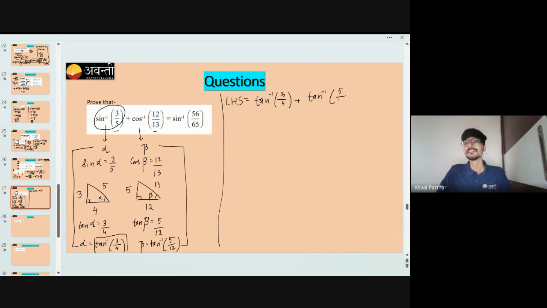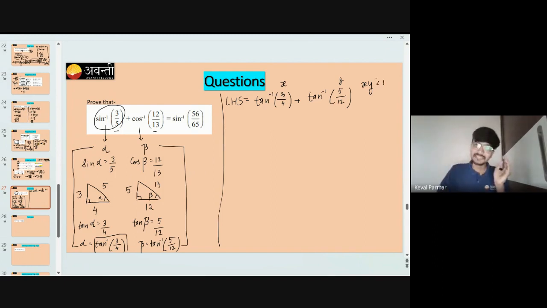This is a very good example for the last set of properties, which was tan inverse of x plus tan inverse of y. Now, there were two conditions. Product should be less than 1. If you do the product x into y, you can check it. It will come less than 1.